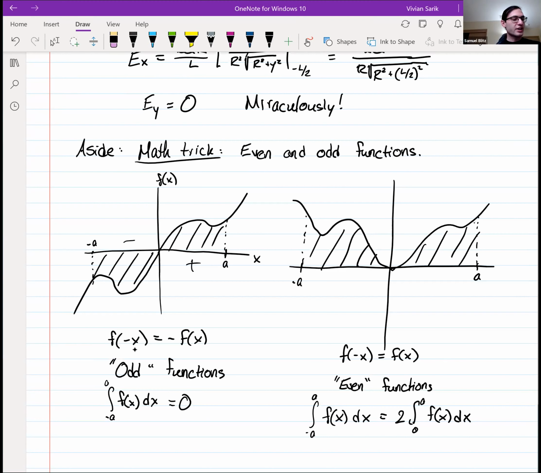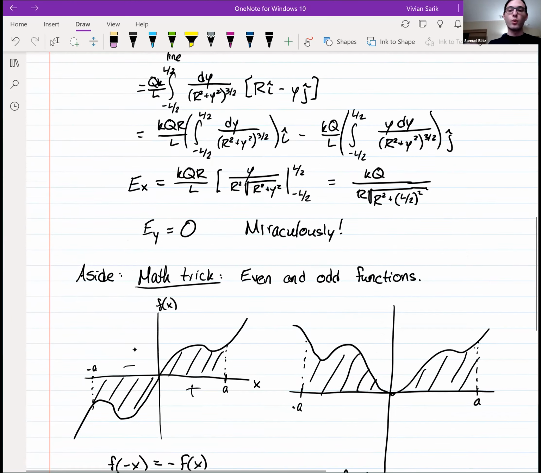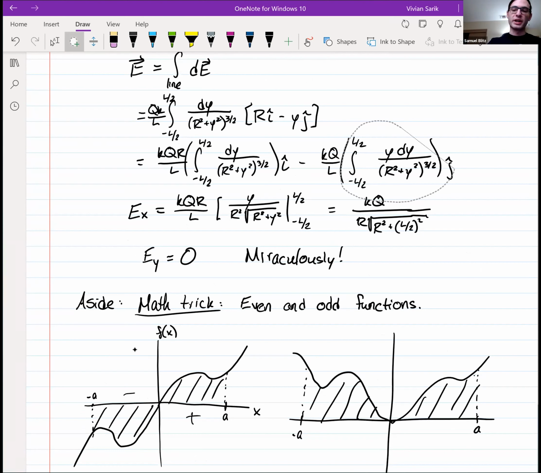So how does this actually play a role in what we were just doing? Well, why don't we take a look at the integrand for E of y. Let's copy this and bring it down.